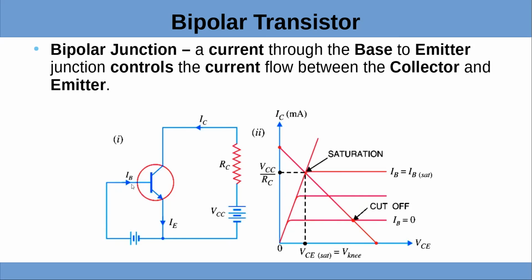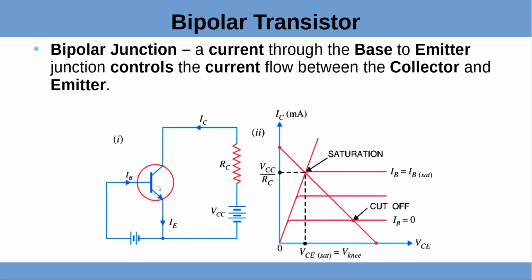When the base current is 0, it's at what we call cutoff. So there's no current flow between collector and emitter. And depending on this load resistor, which determines the slope of the load line, where these two cross is the voltage that you would see across the device.